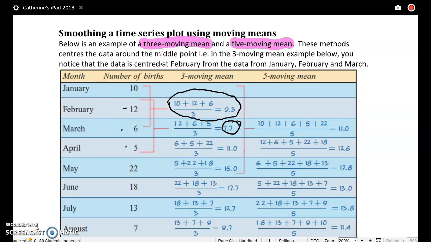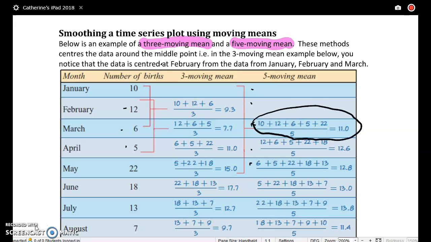Now, our other method that I show here is 5 moving mean. So I take the data from January, February, March, April, May, 5 months worth of data, and then I find the mean of those. The middle of those months is March. So this data is centered on March. And then we do our process for finding the average and we find it to be 11.0.